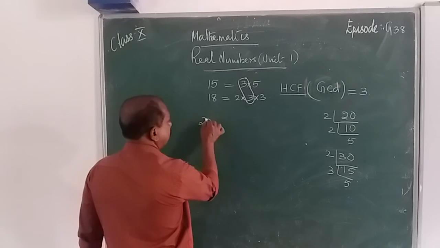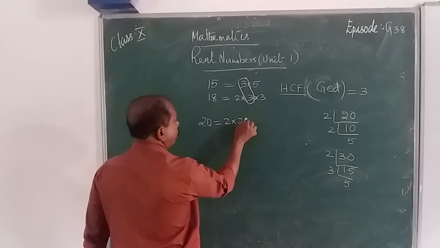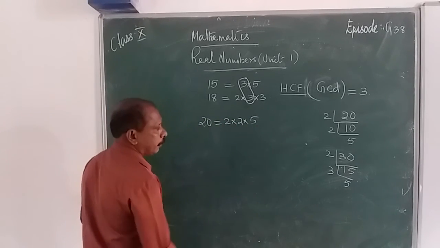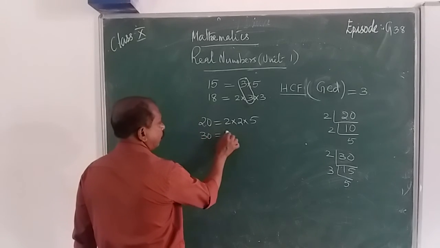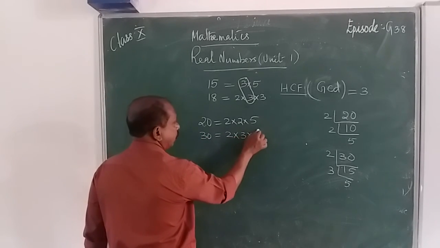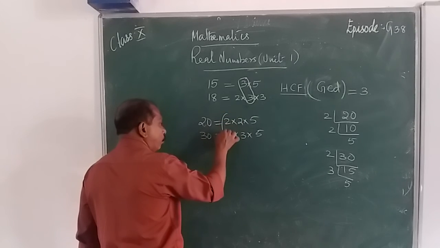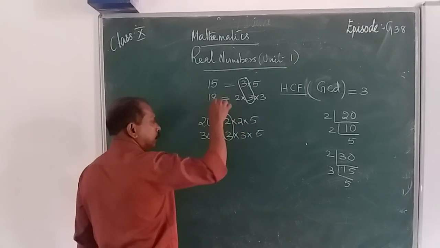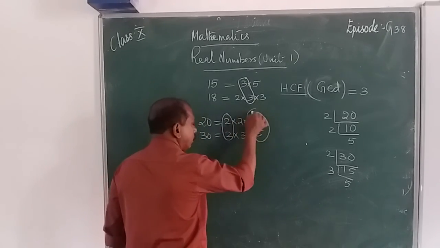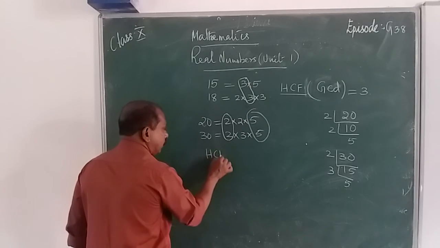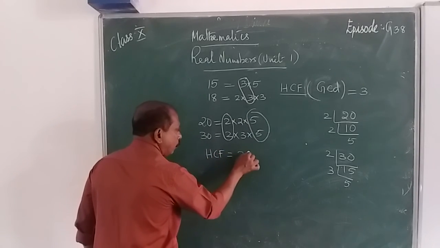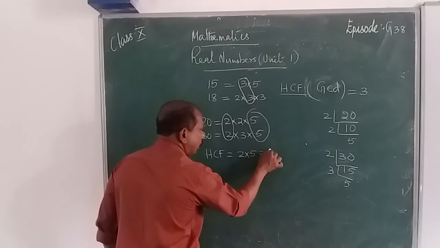Therefore, 20 is equal to 2 into 2 into 5. Then 30 is equal to 2 into 3 into 5. Then there are common numbers between these two, that is 2 and 5. Therefore, HCF is equal to 2 into 5 is equal to 10.